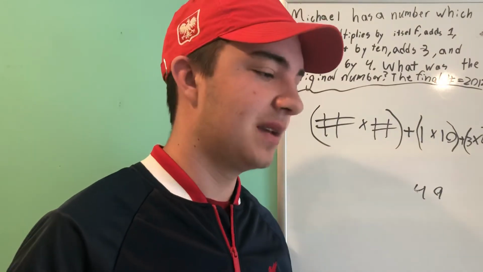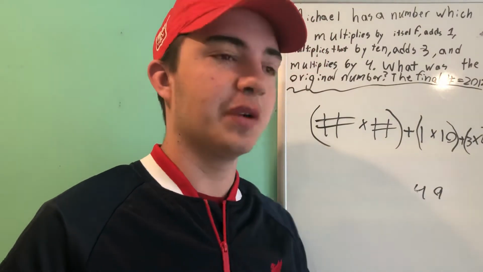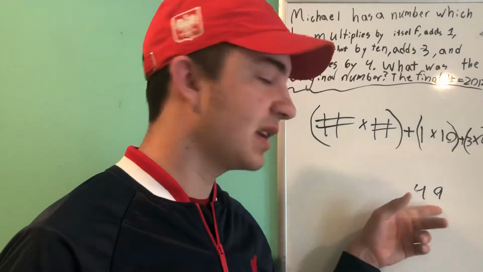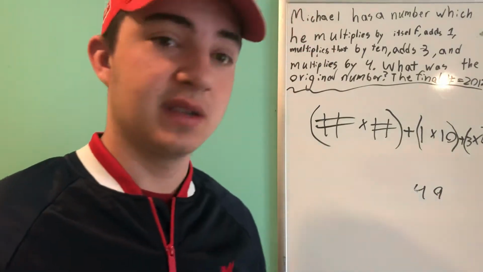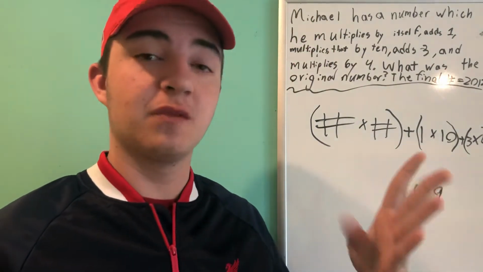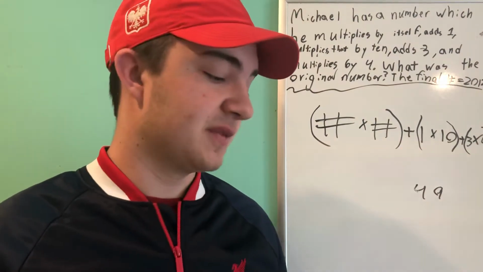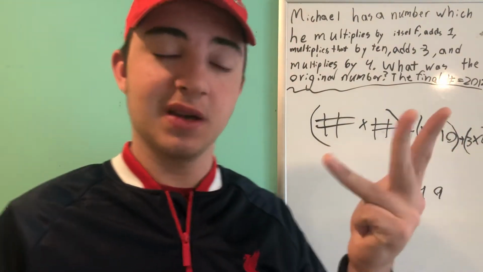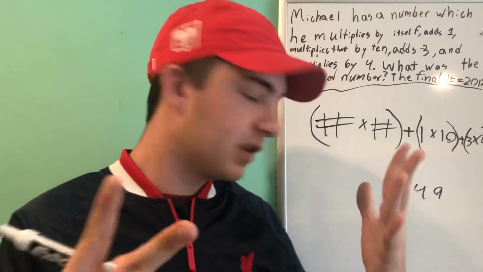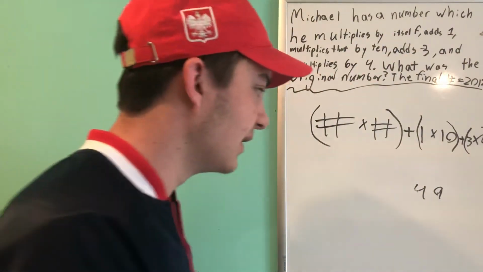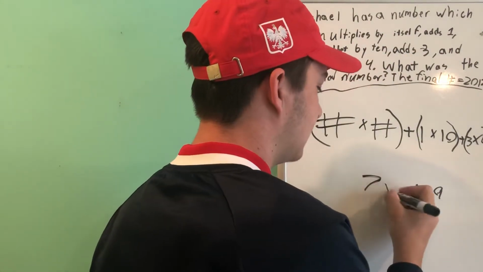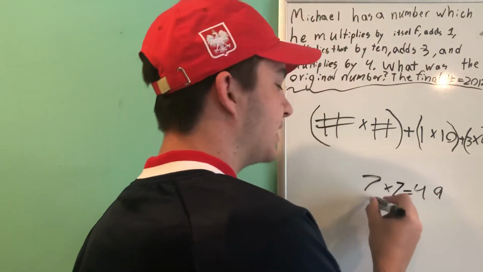So let's keep going from there because we need a bigger number. We need to get 49. 6 times 6: 6, 12, 18, 24, 30, 36. 7 times 7: 7, 14, 21, 28, 35, 42, 49. 7 times 7 is 49. So that means our number is 7.